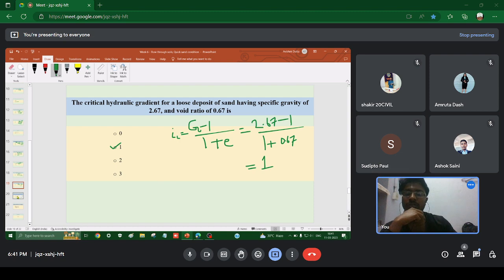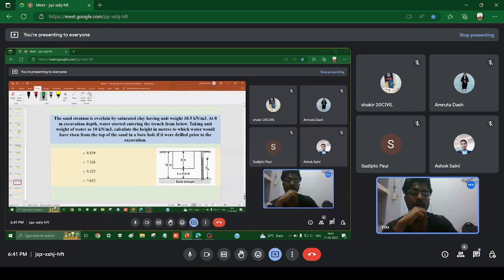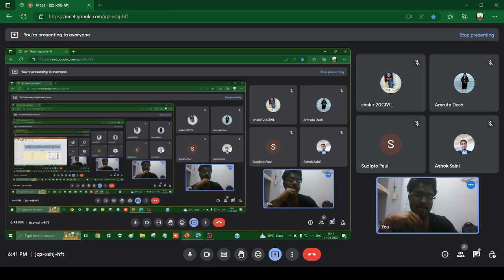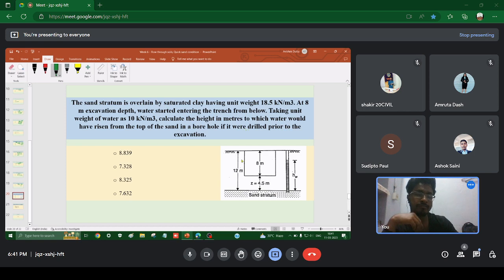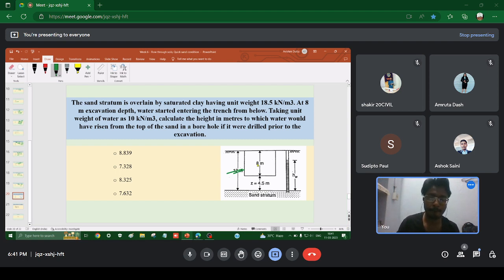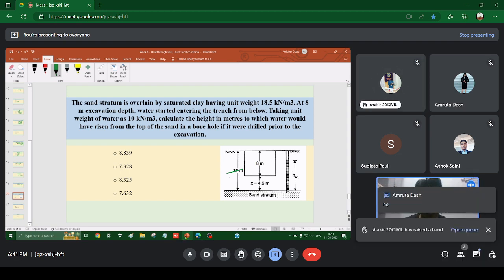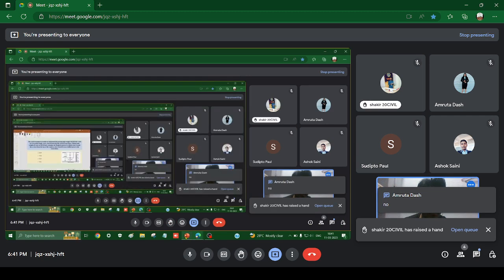Now, next question. I'll take some time in this question. If anyone has solved this, please raise your hand. We'll discuss it then. Has anyone solved this question? Shakir, you have solved this question?